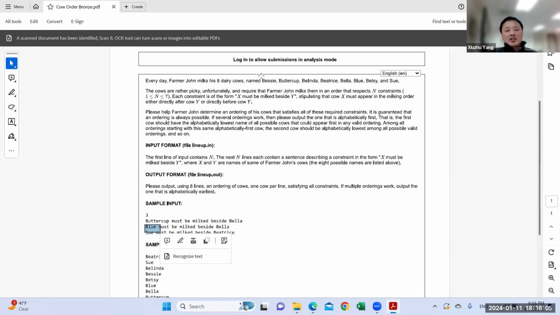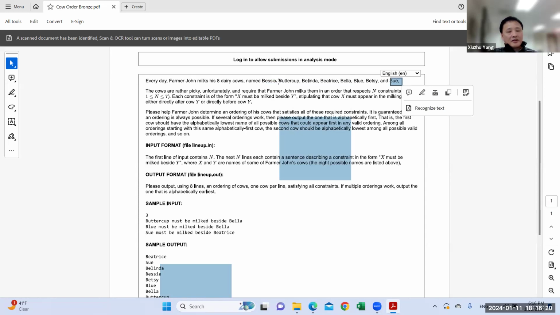Okay, let's just look at this screen. Let's just assume this is the smallest, the lowest. But this changes to Su, right? And the Su, of course, comes after Besa. But if another one comes, let's say Buttercup, then the chain will be Buttercup, Besa, and Su, right?